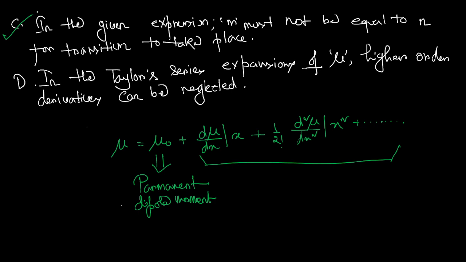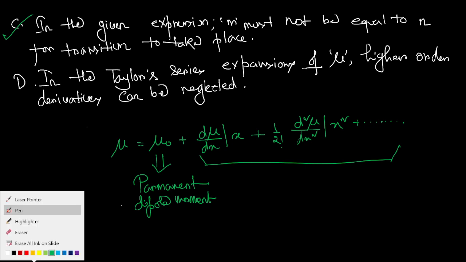And then the fourth one, in the Taylor series expansion, the higher order derivatives can never be neglected. What is the question written? I am reading the wrong thing.